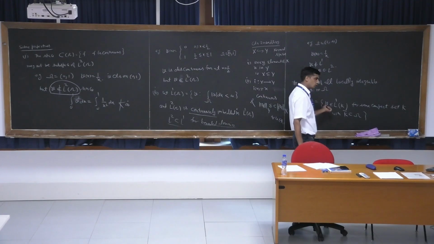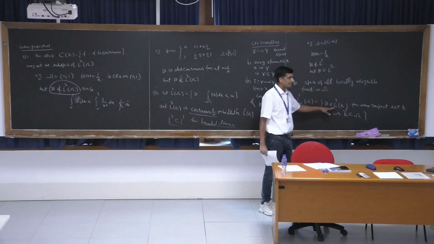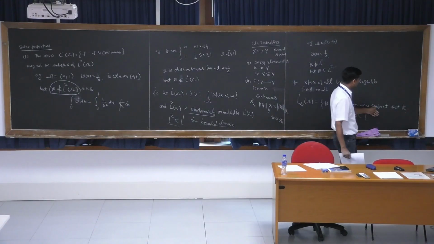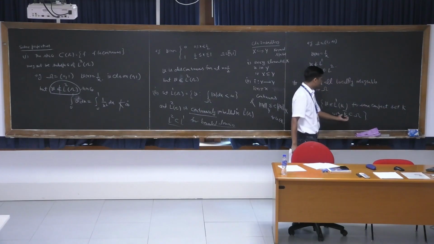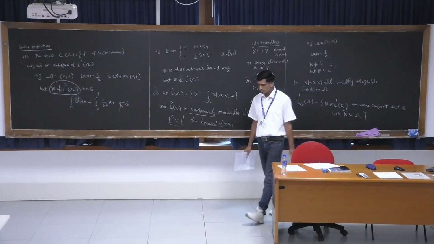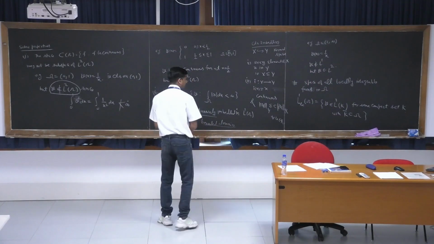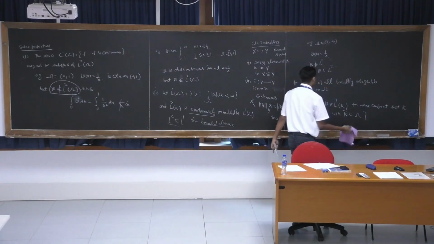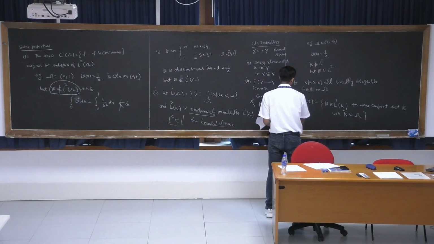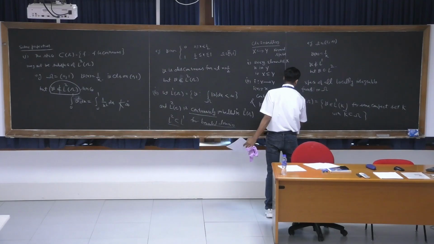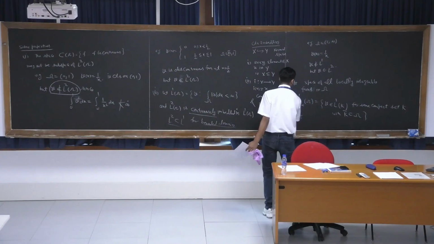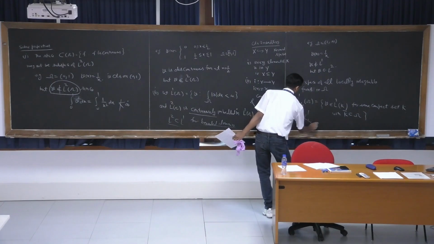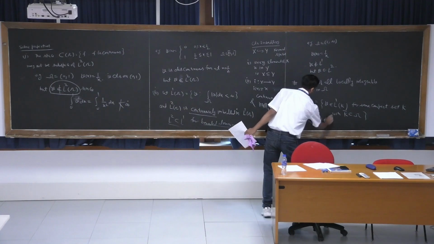Means v is integrable, but locally means there exists some compact set K whose closure is contained in this omega. This is fine. But it is not necessary that if v belongs to this L1 loc, then v belongs to L1.